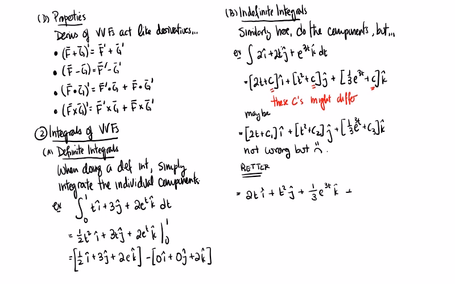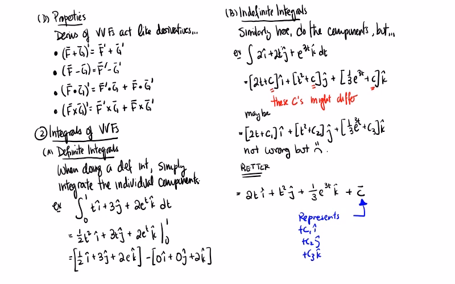And then at the end, add a constant vector. What that constant vector is doing is it's sort of scooping up everything. This represents C1 i plus C2 j plus C3 k altogether. Like without writing them separately, it represents everything.